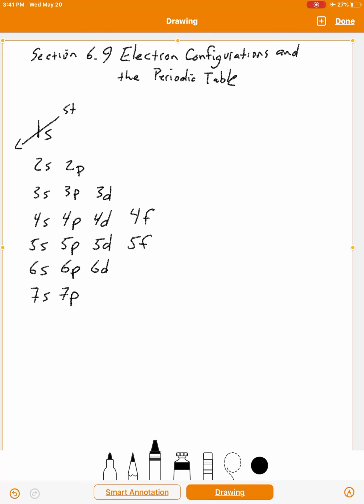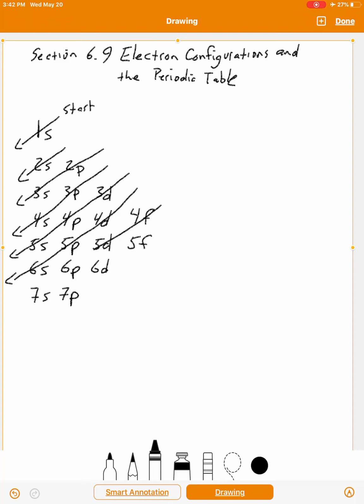So we start filling in this order: 1s, then 2s, 2p, 3s, 3p, then 4s, 3d, 4p, 5s, 4d, 5p, 6s, 4f, 5d, 6p, 7s, then 5f, 6d, 7p.